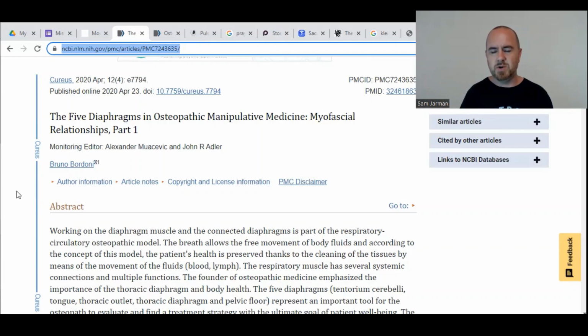It just depends on which particular one you're looking at, but they go like this, and because they go like this, they allow for the orderly movement of nerves and fluid, that fluid lymphatic or blood, right? So you essentially have these kind of organizing points where stuff passes through in an orderly fashion.